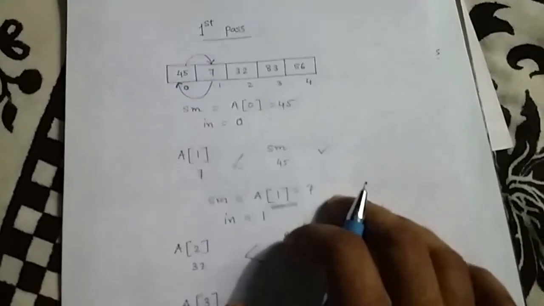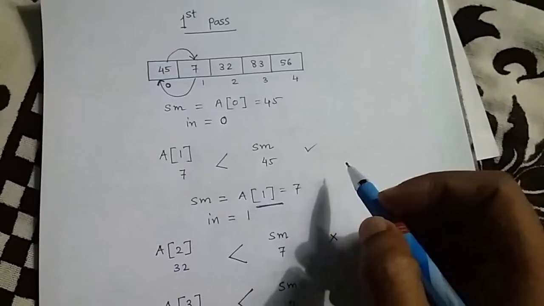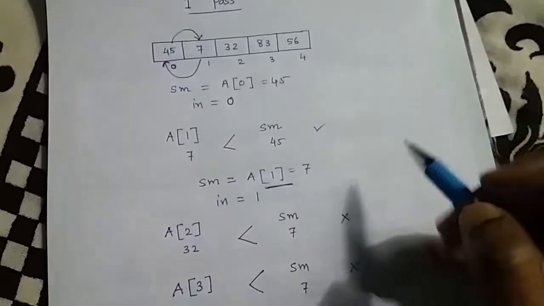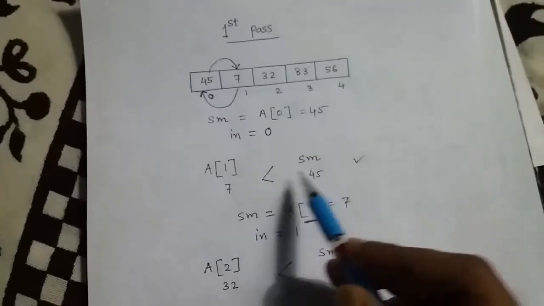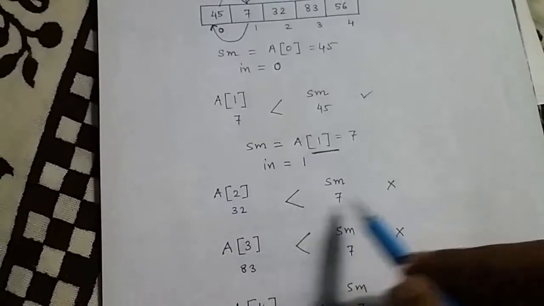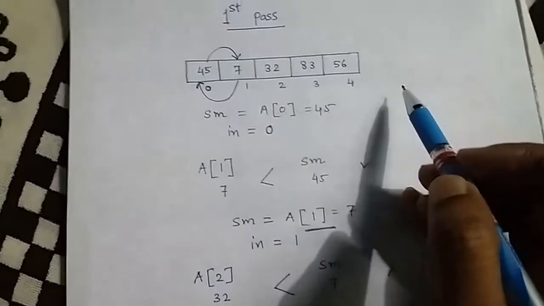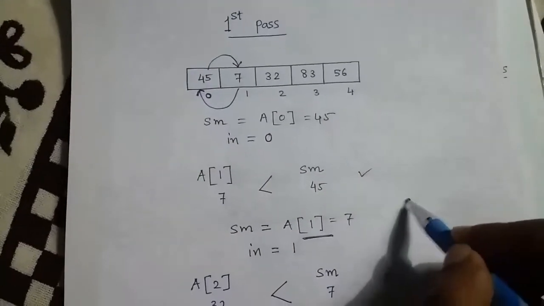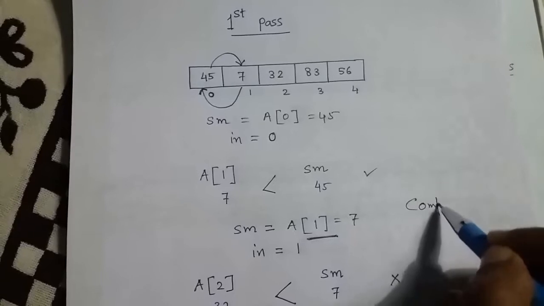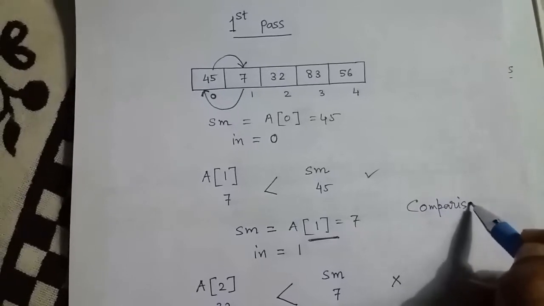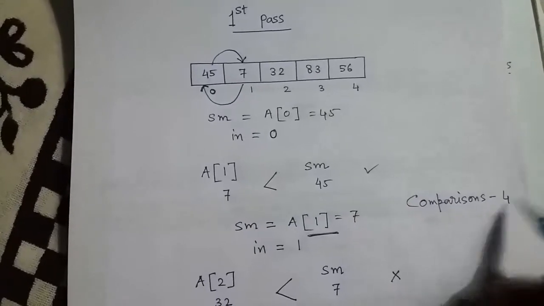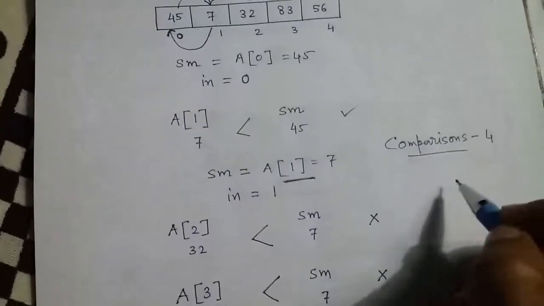So the noticeable thing is how many comparisons are performed in the first pass. Let's see. Here 1, 2, 3 and 4. So remember, there are 5 elements and 4 comparisons performed in the first pass. And how many swappings?